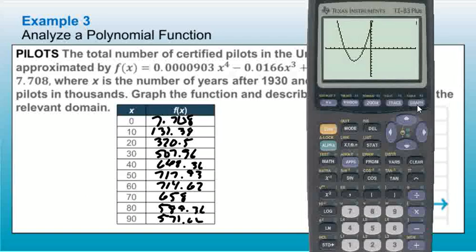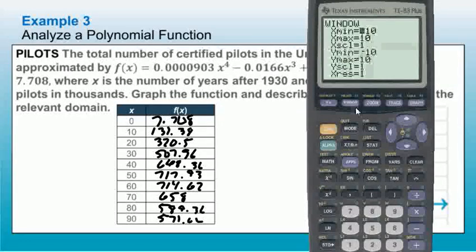Now on a coordinate plane, we're only going to use the relevant ones, so we would have to be more on the right-hand side of 0. So if we change the window settings to minimum, let's do 0. X maximum, let's go to 90.